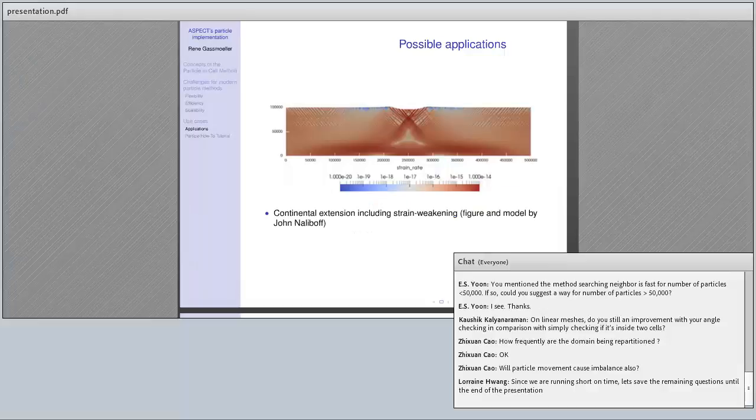There are some nice applications in lithospheric deformation models. Thanks to John for providing this nice figure in the latest CIG newsletter, in which particle properties like the integrated strain can be used to change the viscosity of a certain model.